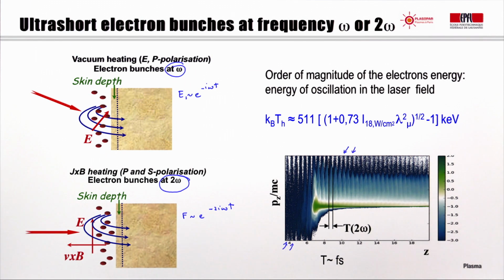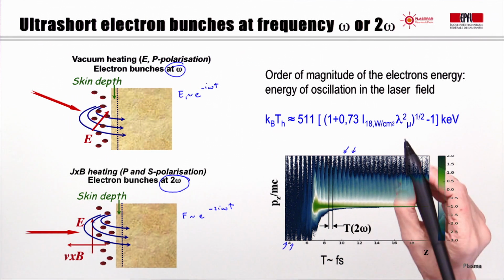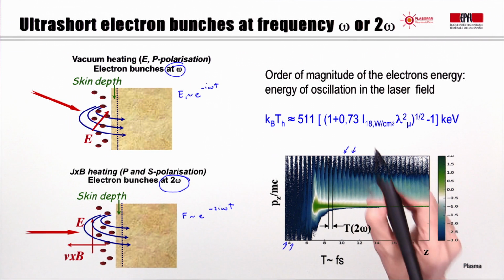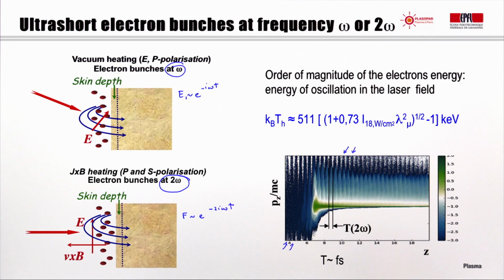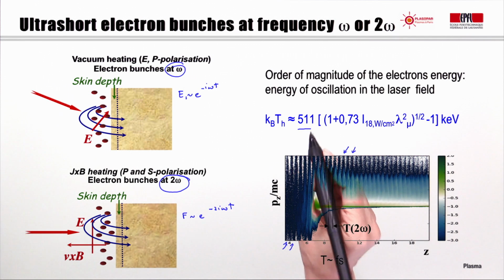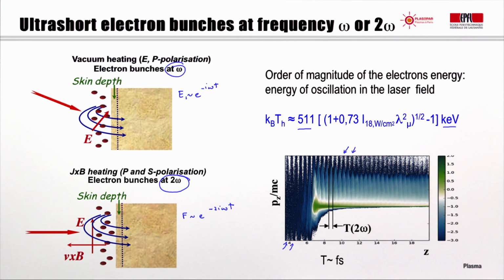Finally, the order of magnitude of the energy gained by the electrons via this mechanism is roughly equal to the energy of oscillation of the electrons in the laser field, and is given by this formula. The energy of the hot electron for a laser at 1 micron and an intensity at 10 to the 18 watt per centimeter square is roughly equal to half MeV, that is the electron rest mass.